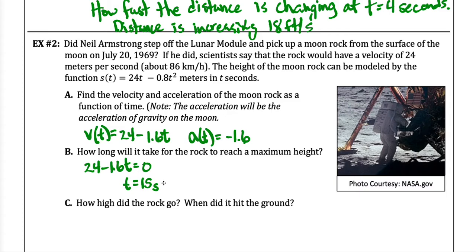So you have the fastest velocity right at the beginning, and then it slows down because the rock is being pulled by gravity. And then at the split second when it stops, the velocity is 0. And then it starts coming down, so velocity is negative, and then the velocity is getting larger in magnitude because of acceleration. That's how you have to visualize a lot of these story problems, which, for better or for worse, is what happens. But most people can kind of picture it in their head.